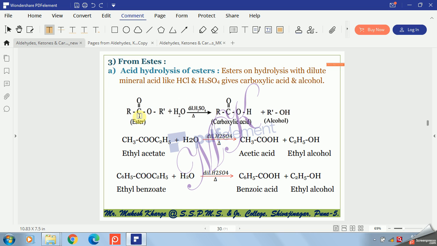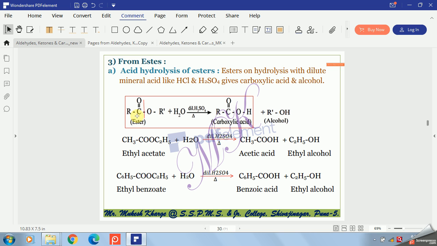So OH will attach to the C double bond O carbon, and we have to break this C single bond O. If we write the attack of OH, we have to break this bond, and we can add OH to CO and H to the oxygen.